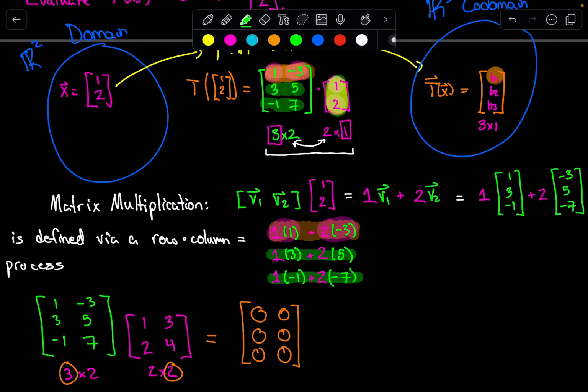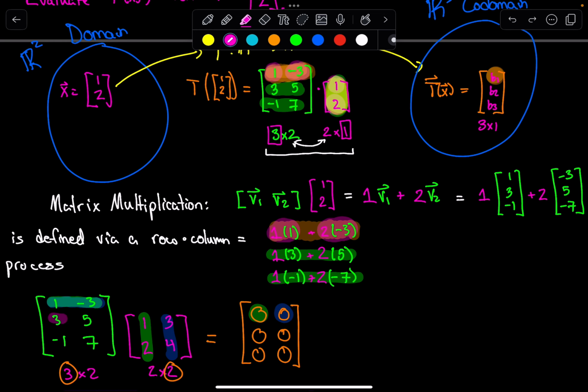Well, I claim that the way you do matrix multiplication is I'm going to take this first row and this first column, and it's going to go right there. And then we're going to take the first row and the second column, and it's going to go right there. So row 1, column 2 goes in row 1, column 2 over here.